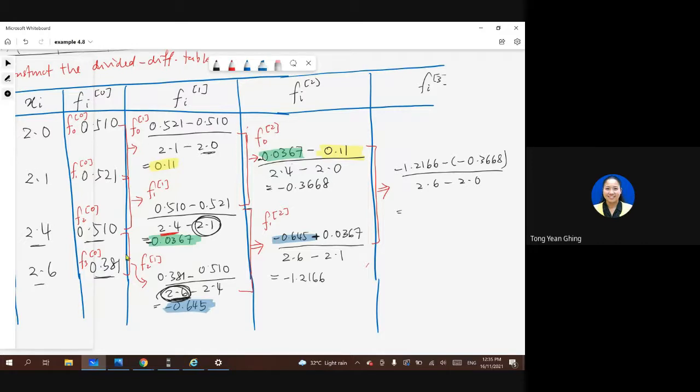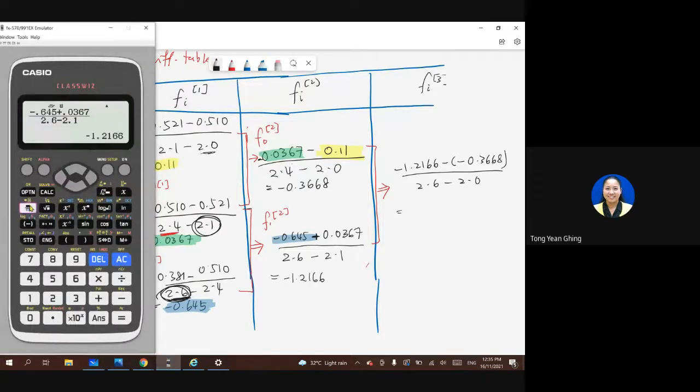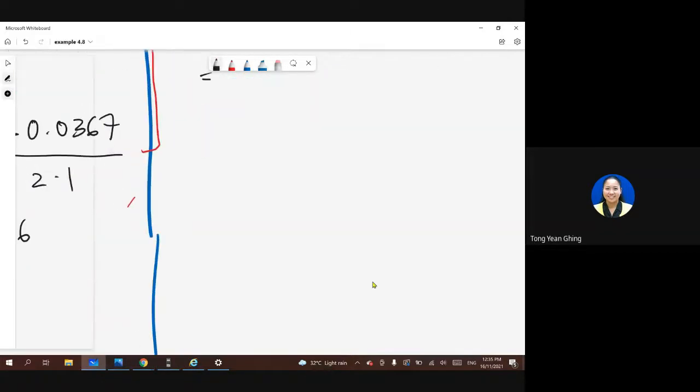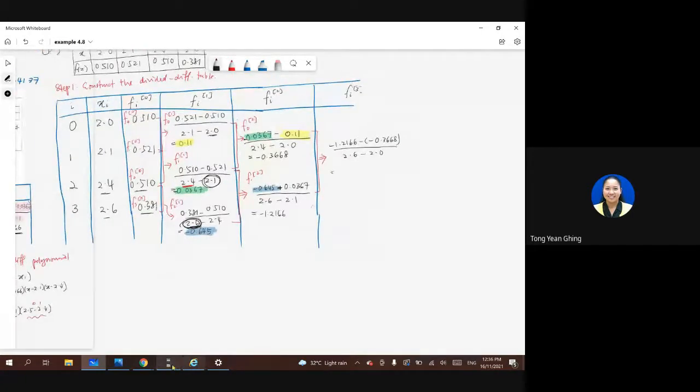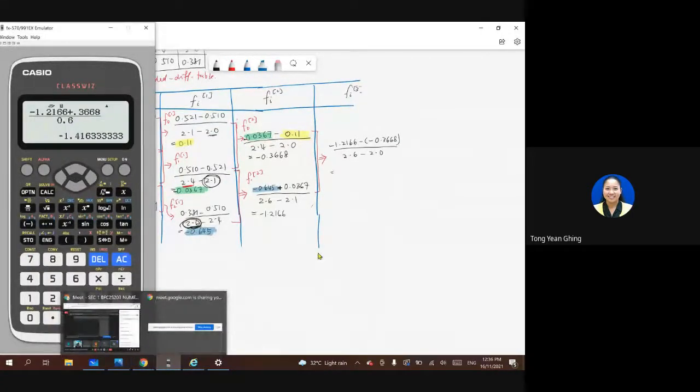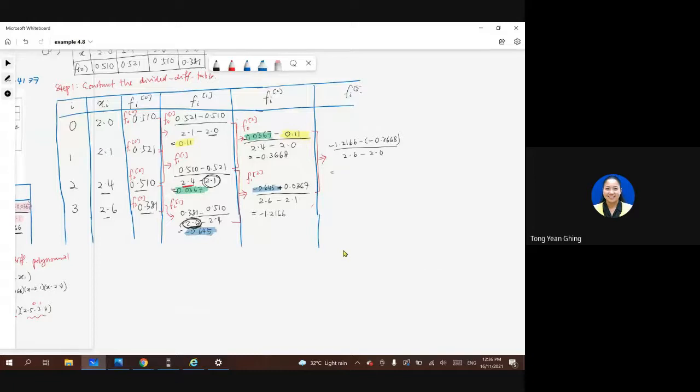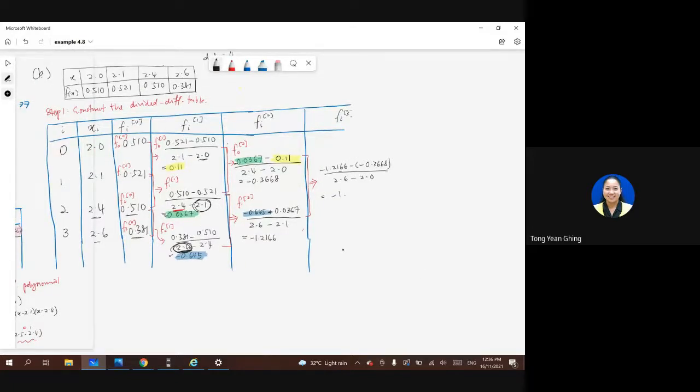So again, this one, negative 1.2166 plus 0.3668, divided by 0.6. So negative 1.4163. Okay.